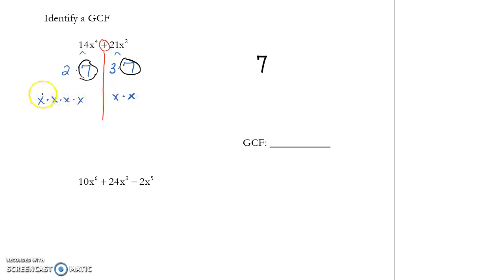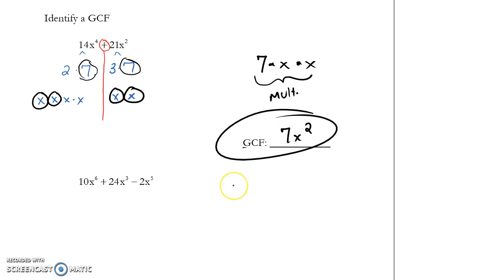But then I look and I can say, wait a minute, they both have an x. That's another factor that's in common, and they both have a second x. That's another factor they have in common. All of these are my common factors. I'm going to multiply them together to get my greatest common factor, 7x squared.